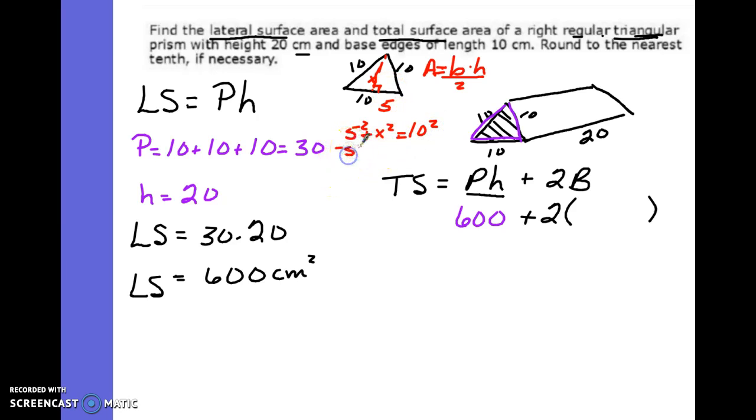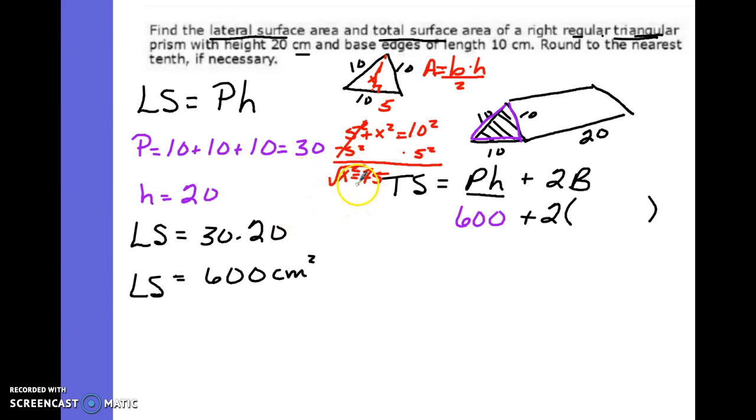So if we subtract 5 squared on both sides, we get x squared is equal to 10 squared minus 5 squared. So 10 squared is 100, 5 squared is 25, 100 minus 25 is 75. That's going to give me x squared.